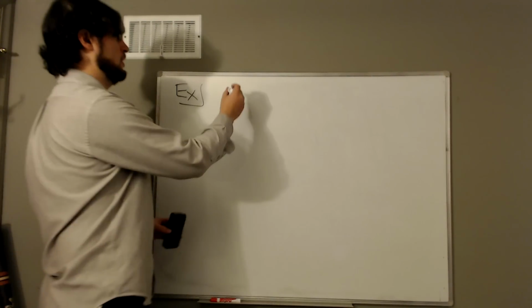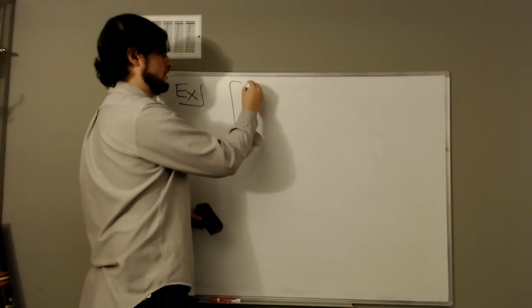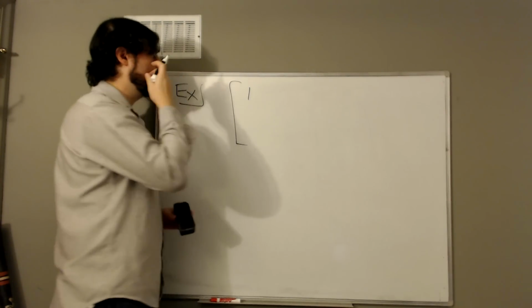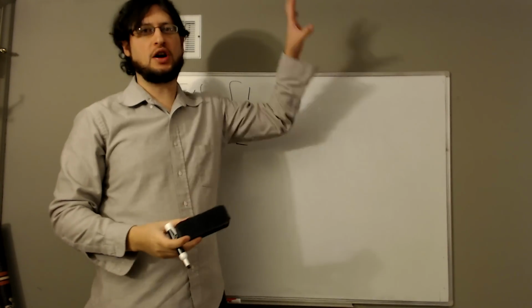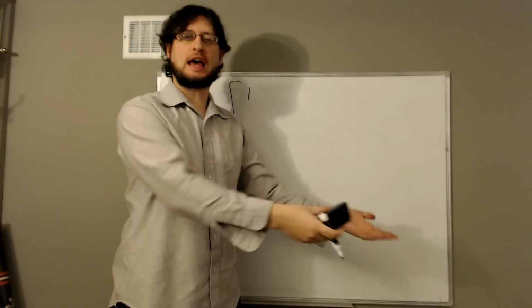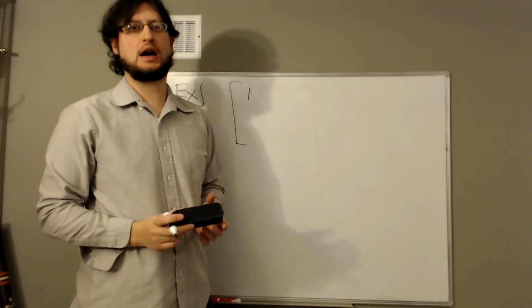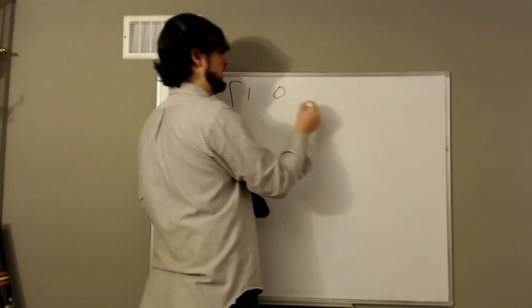Okay, so let's look at another example. Suppose that I had a system of equations. I started with my matrix, I applied our row reduction algorithm, and suppose that this is what I get.